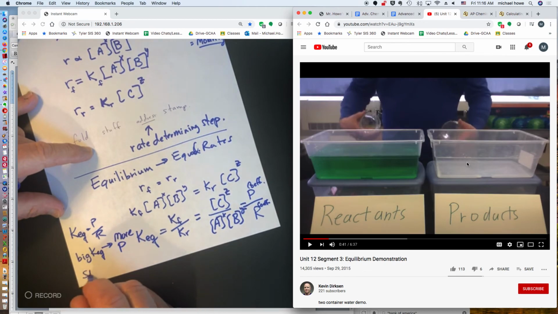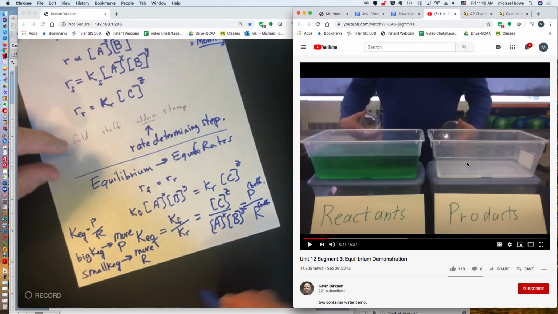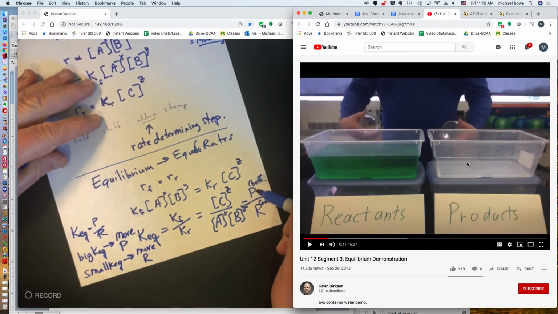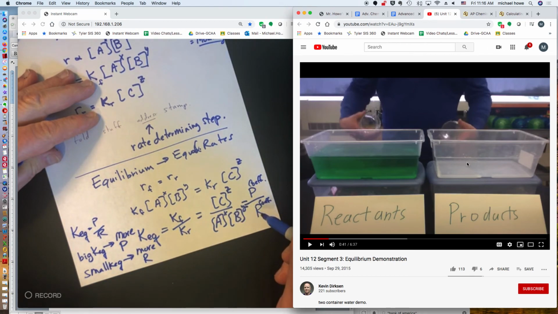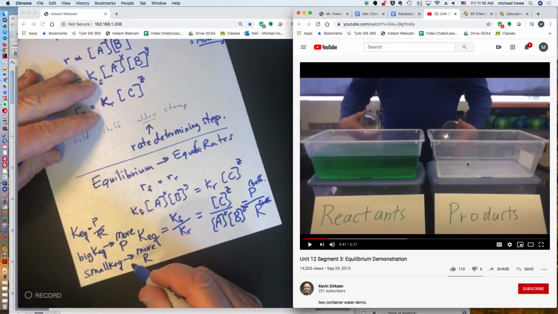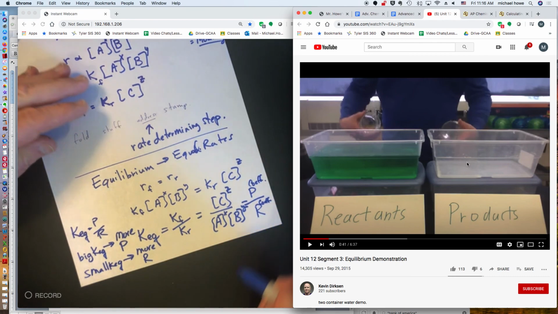If you have a small KEQ, that means there are more reactants. The reason is that since it's a ratio of products over reactants, if it's big, the numerator is big. If it's small, the denominator is big, and that's the reactants. So when you have a small KEQ, there's more reactant than product. If you have a big KEQ, there's more product than reactant.